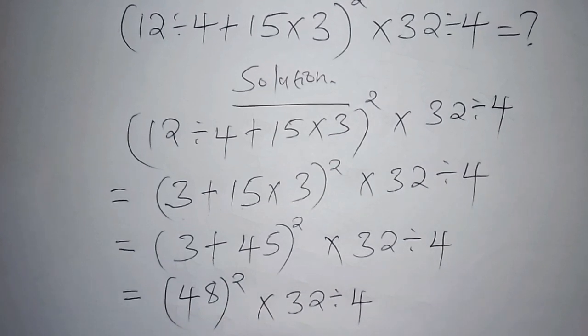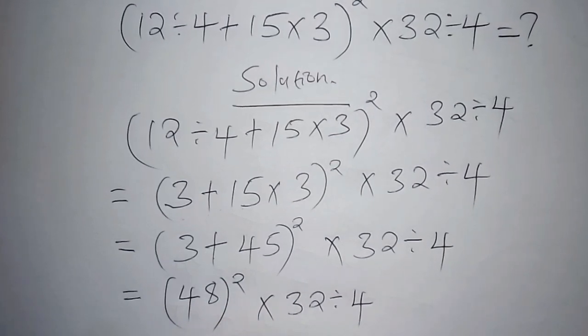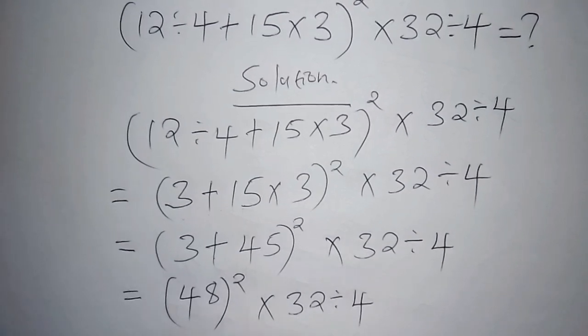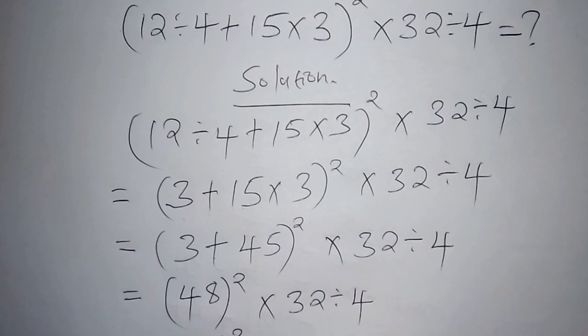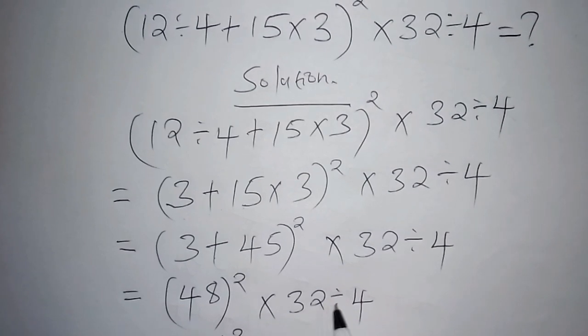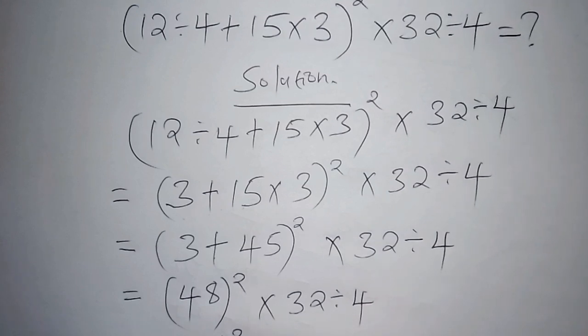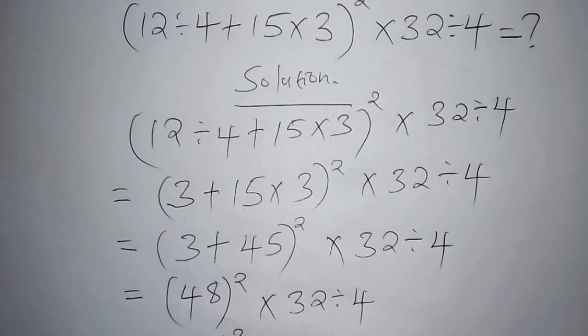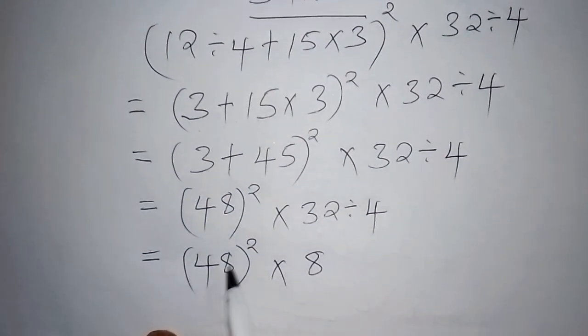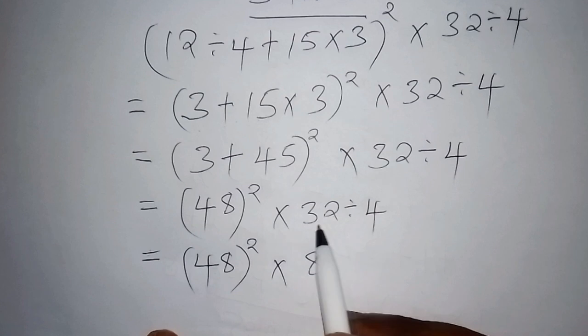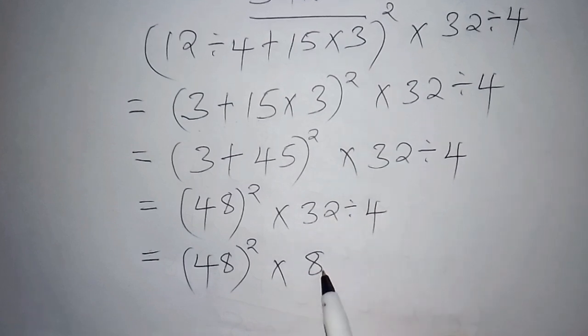So let's proceed to our next step, where we shall have 48 squared, then multiply by 32 divided by 4, and 32 divided by 4 gives our answer as 8. Sorry for not displaying that part here. So we have 48 squared, times 8.